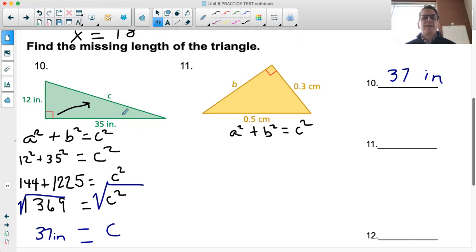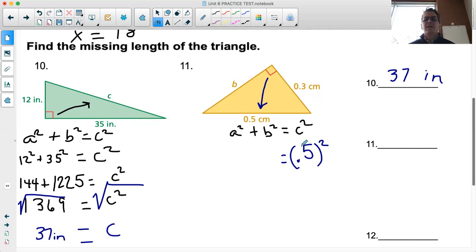Number 11, finding the missing length of the triangle. In this case, the hypotenuse is across from the right angle, and that's the C, 0.5. That's going to be squared.